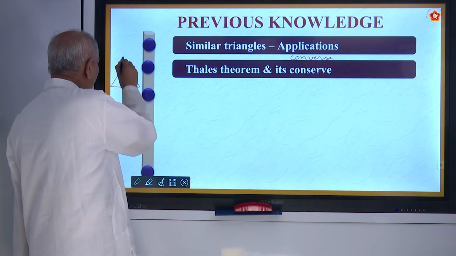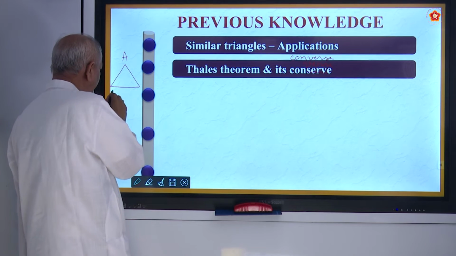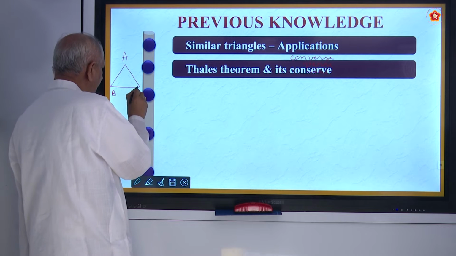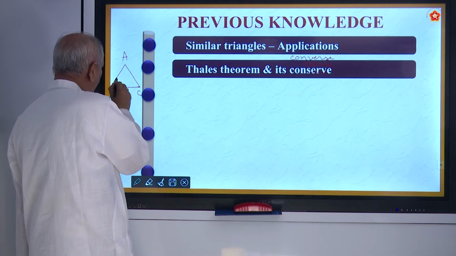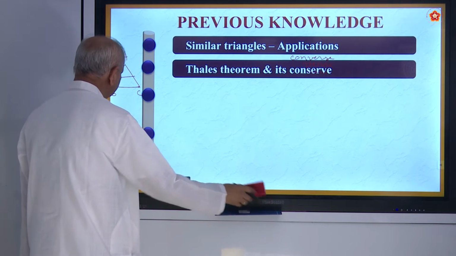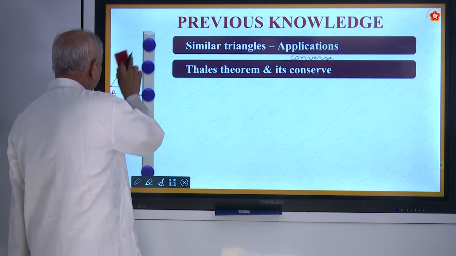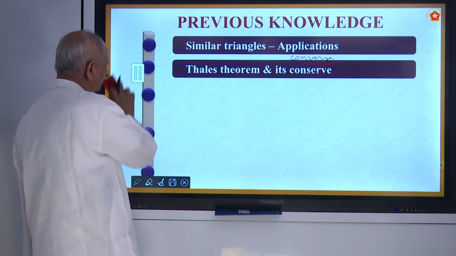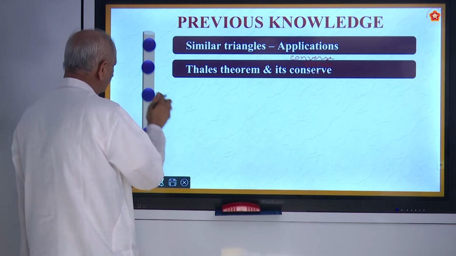And what does the theorem say? In a triangle, if a line is drawn parallel to one of the sides, it divides the other two sides proportionally.